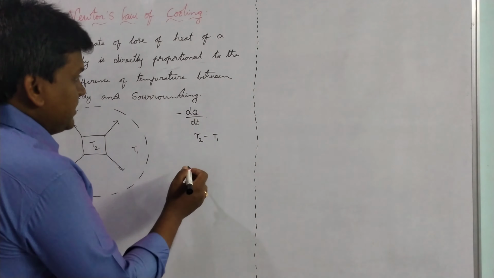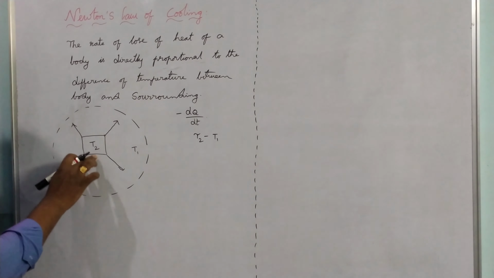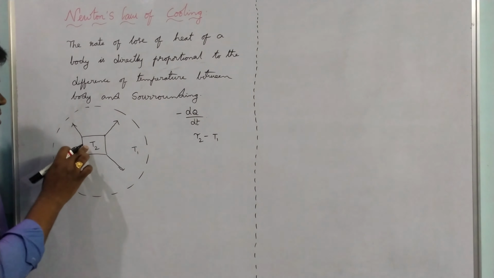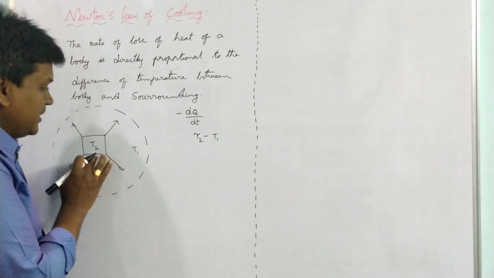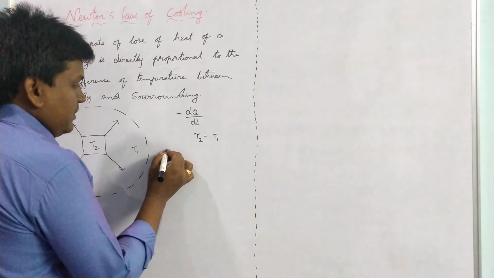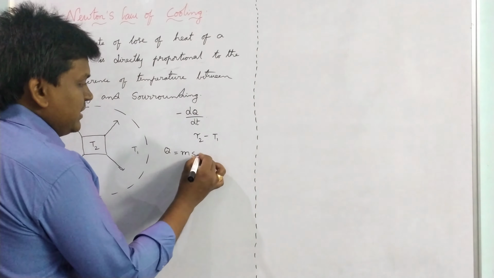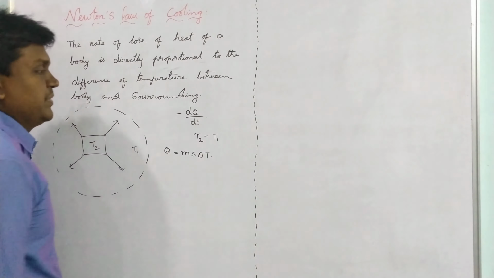Now consider an equation: here the hot body is losing some heat. It is not changing its state, but it is losing some heat. So from calorimetry, from specific heat capacity, we know that Q equals m s delta T. Here the temperature is falling gradually. By what extent is the temperature falling?